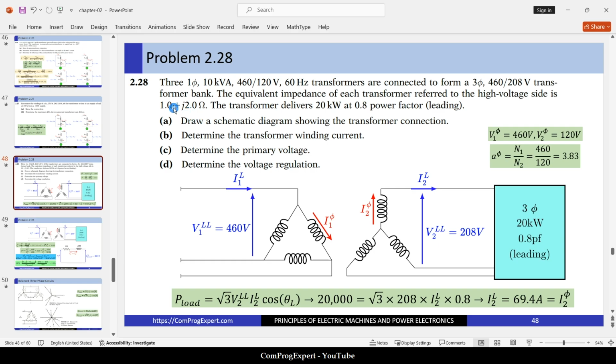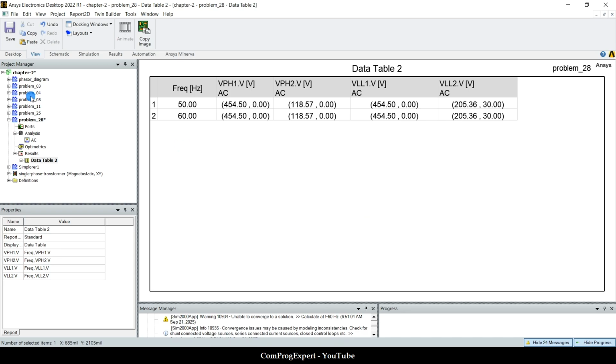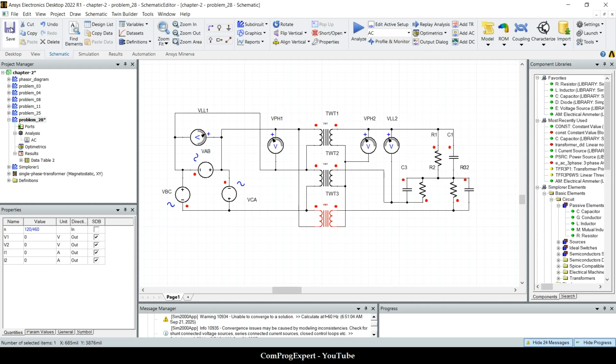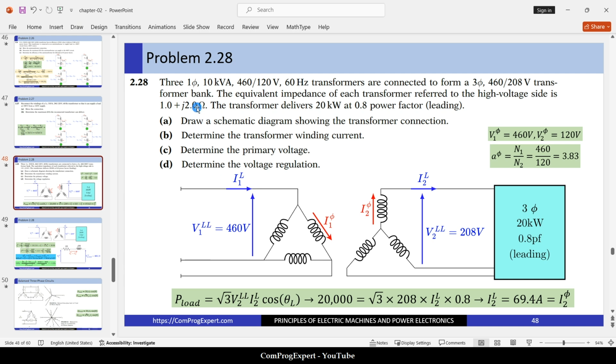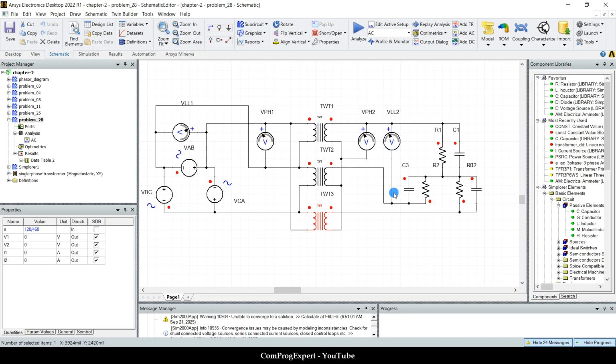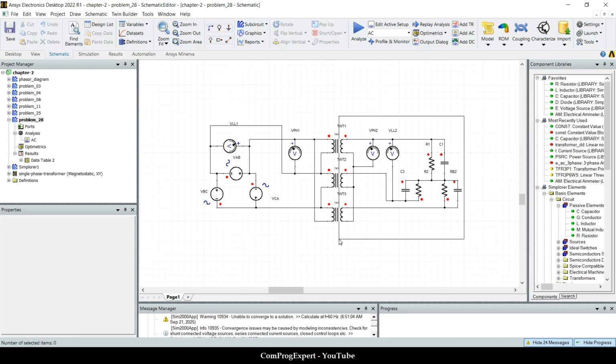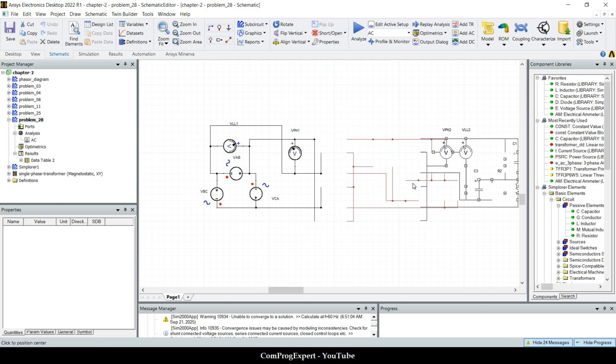So let's consider this in our model and try again. So save the model. How can we consider it? This internal impedance is for the high voltage side. So I can add these elements to the high voltage side, the primary.